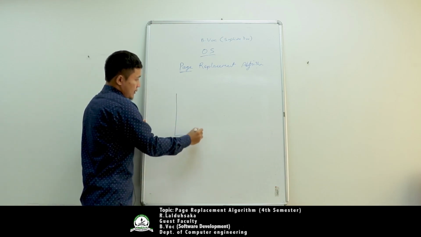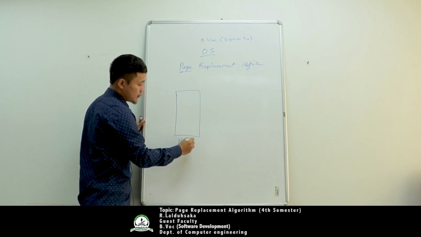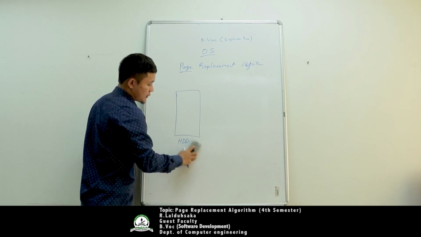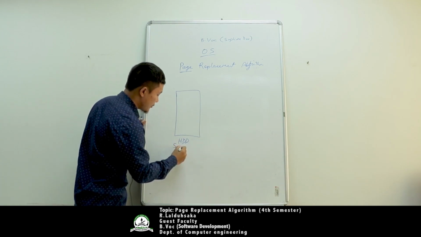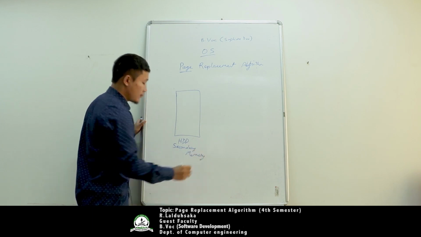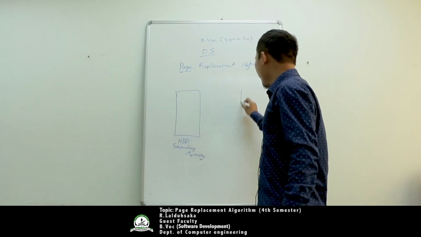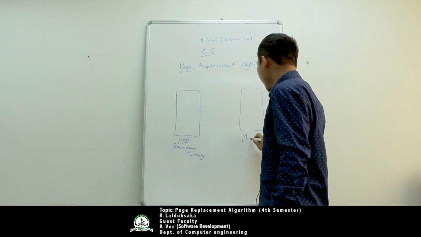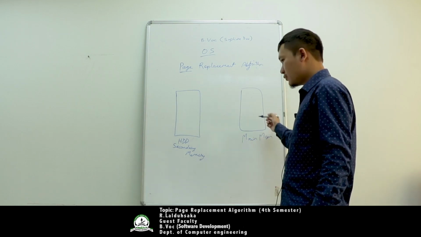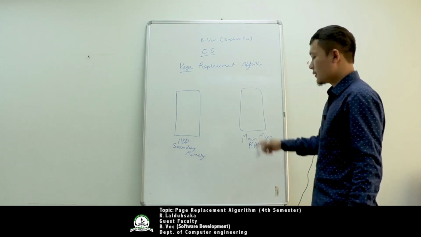In a computer, there is a memory called the hard disk, or secondary memory, and then there is main memory, which we generally know as RAM.